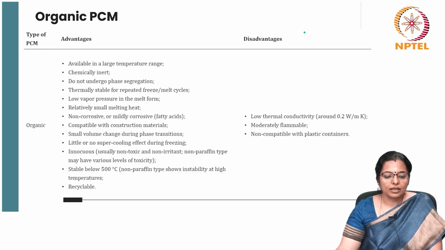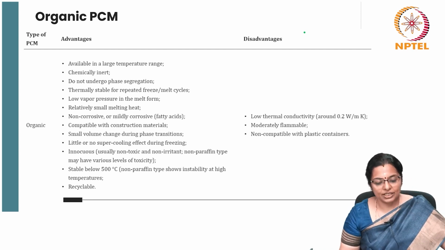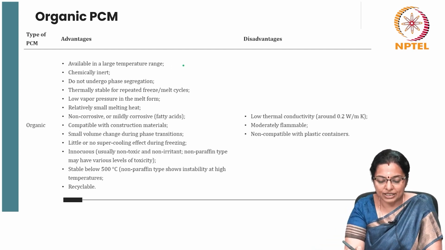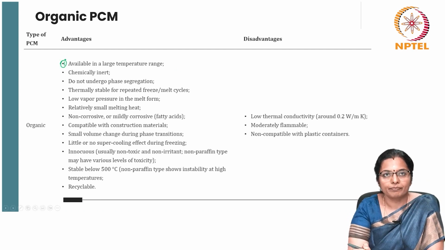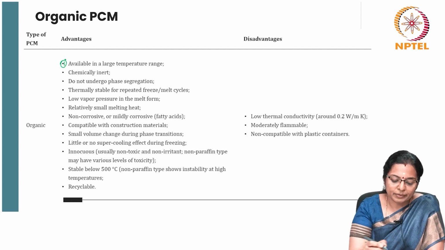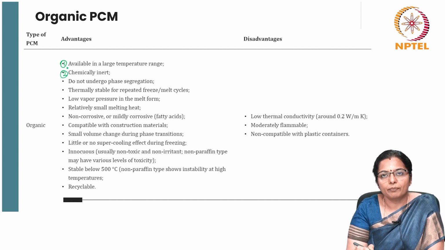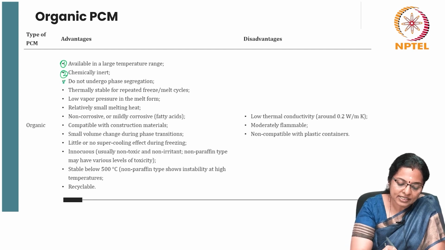So, if we look at the organic phase change material, let us look at its advantages and disadvantages. The organic phase change material is available in a large temperature range. It can withhold large temperature range. Organic phase change materials are chemically inert. They do not cause issues such as corrosion or any other issues. They do not undergo phase segregation.